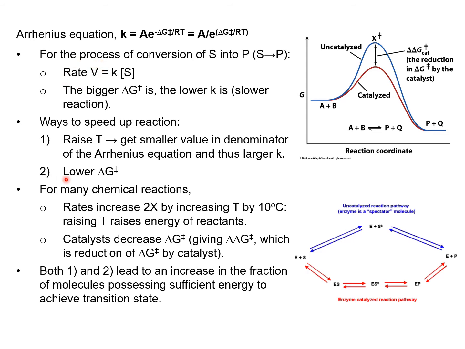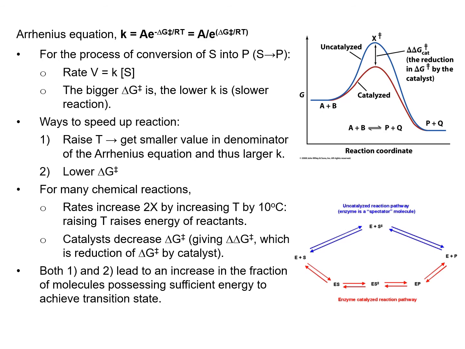And you can do the same thing by lowering the free energy of activation here. Again, this is an exponential function with a negative value right here. So if you lower the free energy of activation, you're also going to get a higher k. So it'll speed up the reaction again.